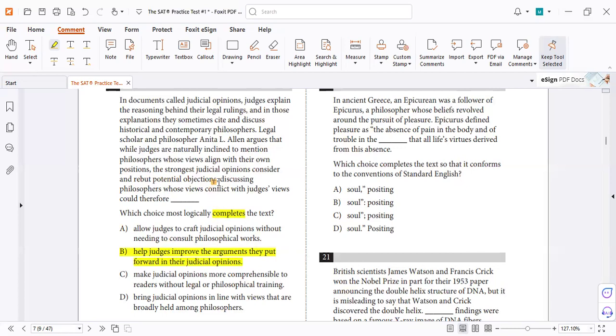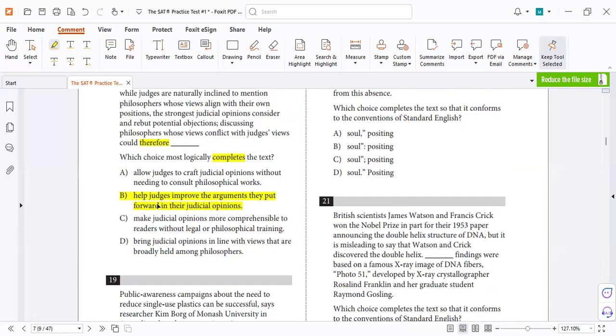Yes. Read the last sentence. Discussing philosophers whose views conflict with the judge's views. Therefore, so what is the consequence from this discussion? As he mentioned here, it helps. So it helps to improve the arguments. You make it so. Therefore means cause and effect.